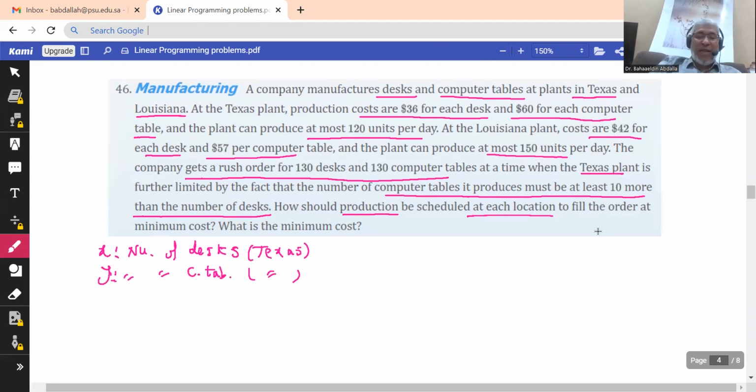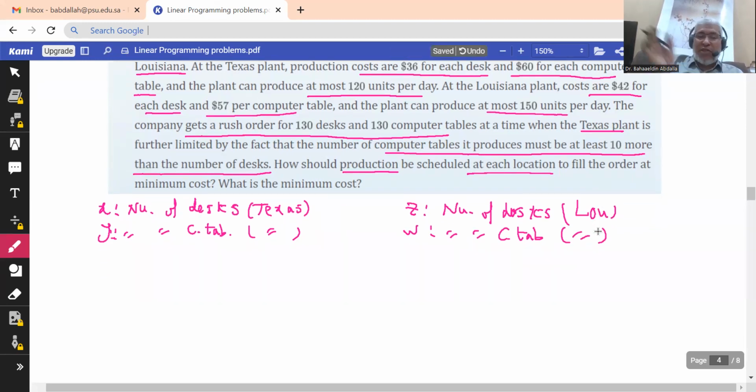Then I'll call Z the number of desks at Louisiana, and W the number of computer tables at Louisiana. So now I have my decision variables X, Y, Z, and W.